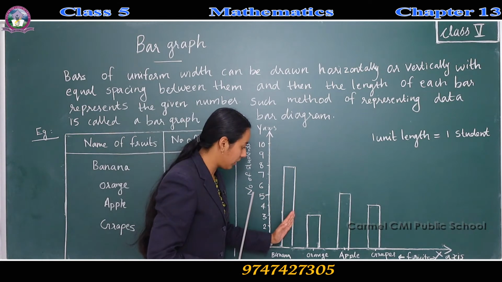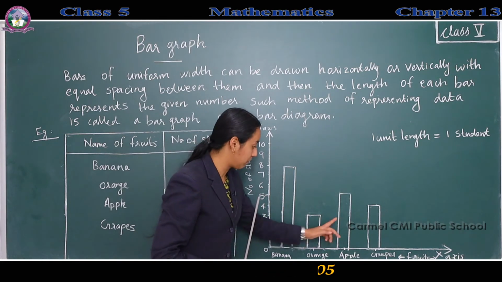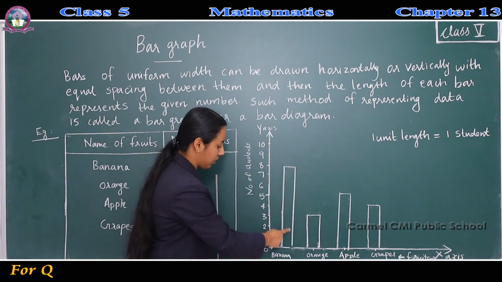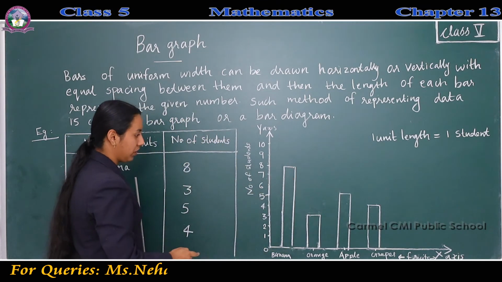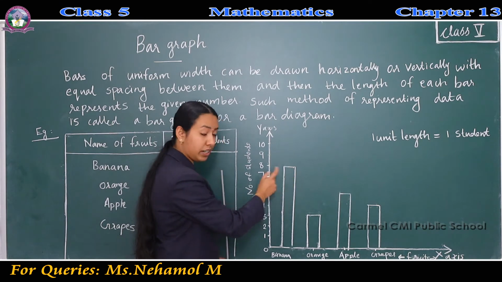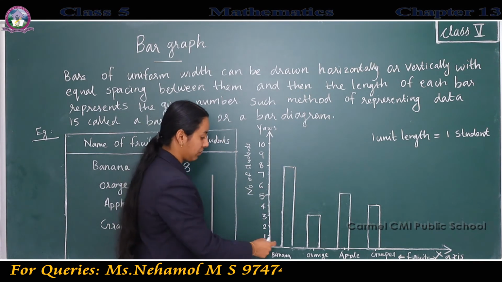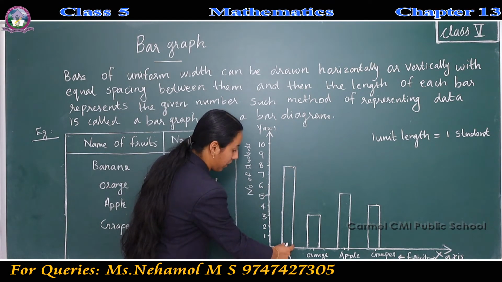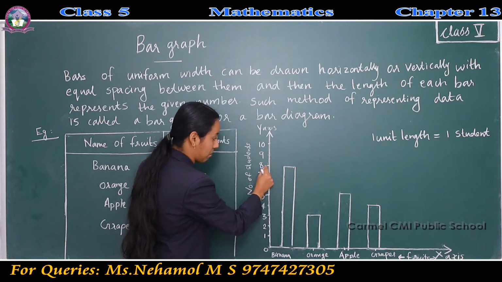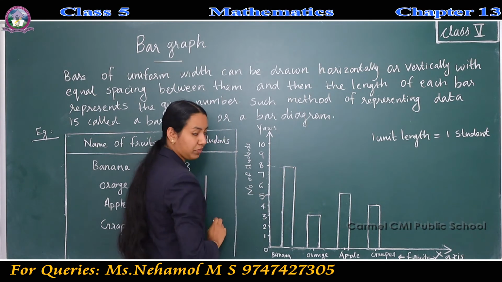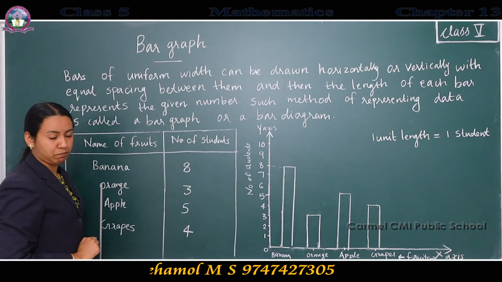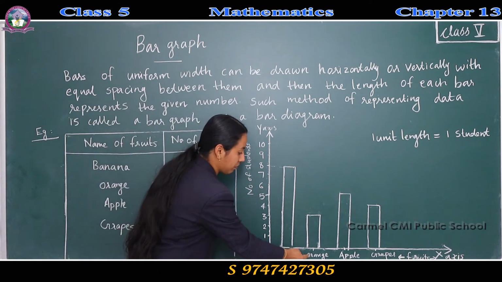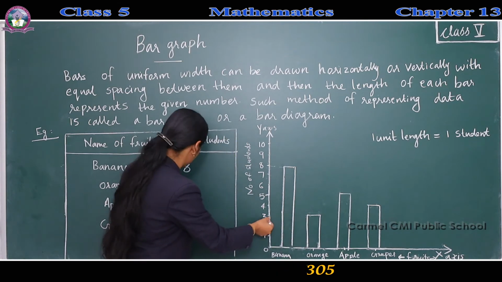Now you can see some bars. First bar represents banana. Let us see how to read this bar graph. This bar is against the number 8. That means 8 students like banana. Then what about orange? It is against 3.